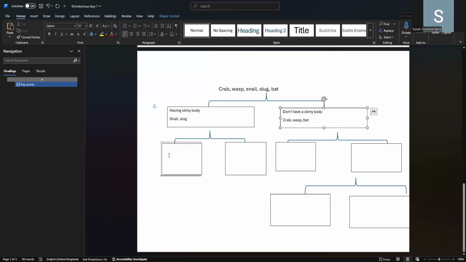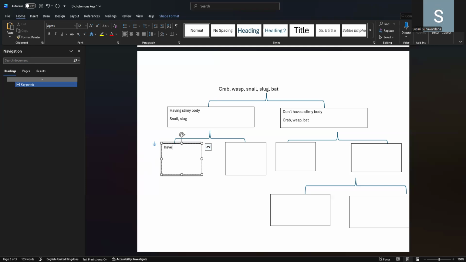If we compare snail and slug, there are lots of differences, but there is a special difference between them. What is that? Snail has a shell.